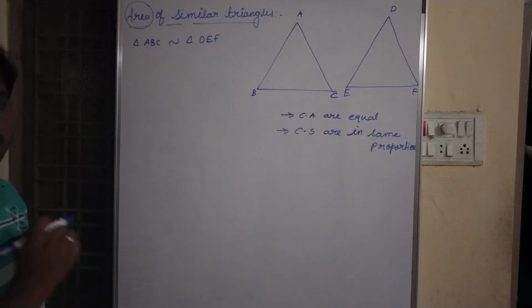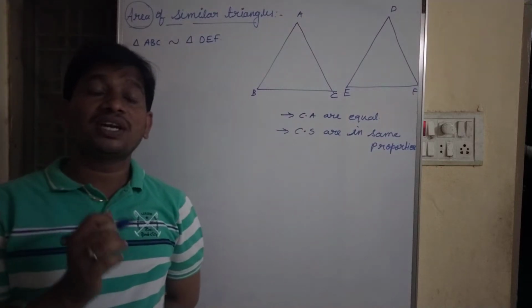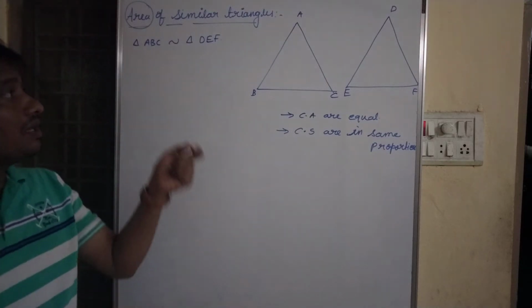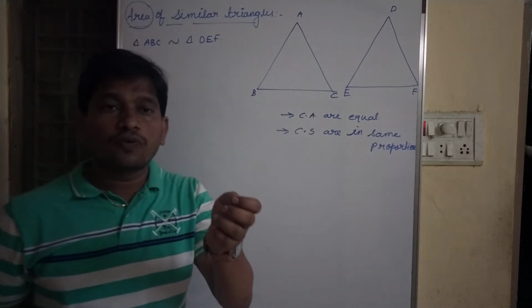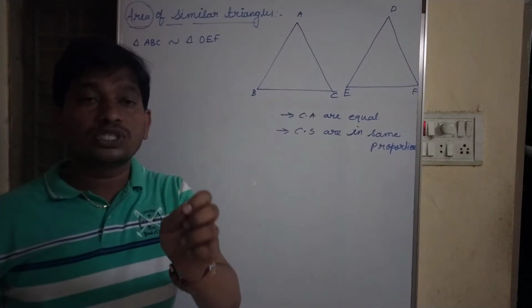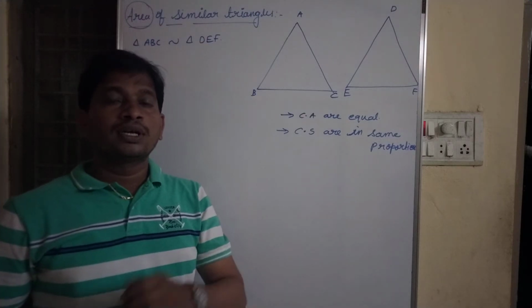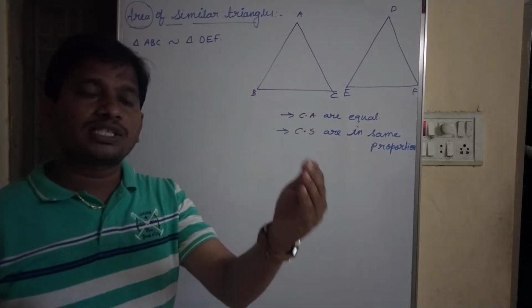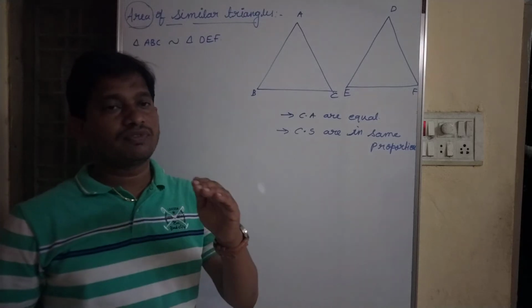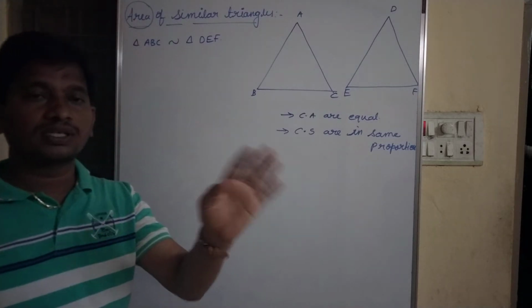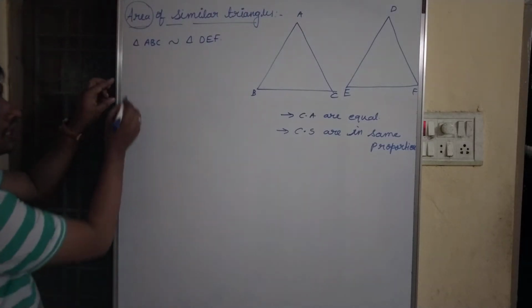What is the area of similar triangles? I mean, the ratio of area of two similar triangles is equal to the ratio of the squares of the corresponding sides. Let me explain.